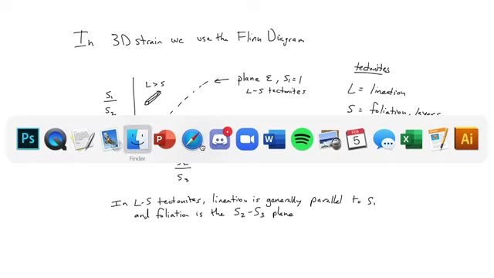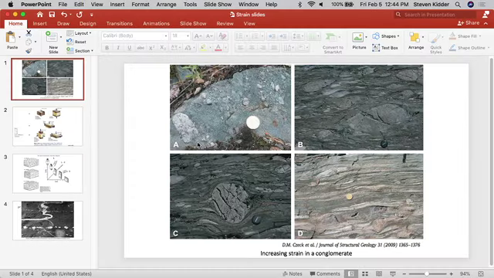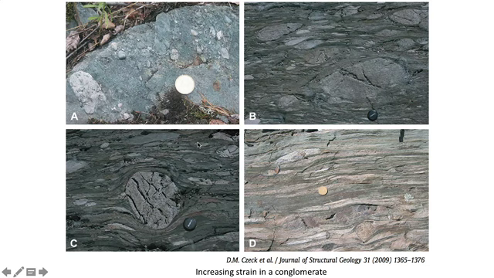Let's look at a few slides. So here we see some conglomerates. Conglomerates are these coarse chunks of different rock materials, sedimentary rock, and this is one that's not been strained or strained very little.